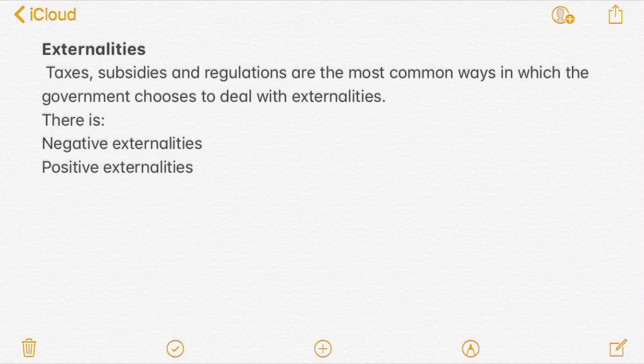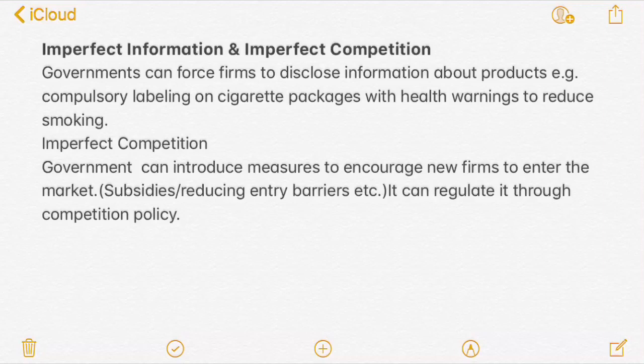I'm moving on to imperfect information and imperfect competition. Governments can force firms to disclose information about their products. So, guys, when customers buy goods, they need to know about this product.